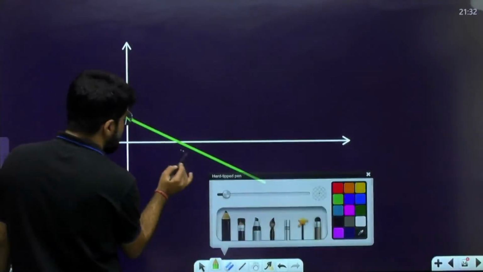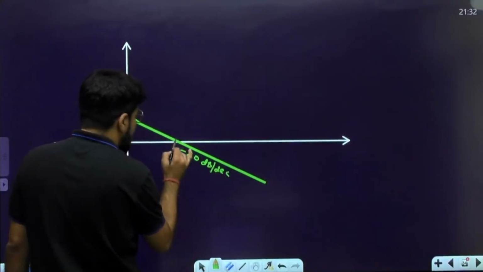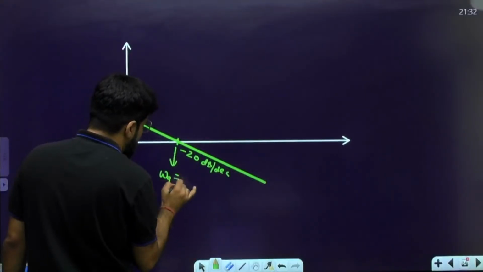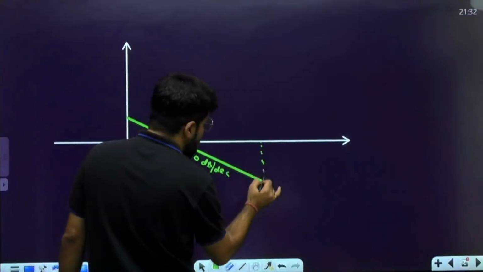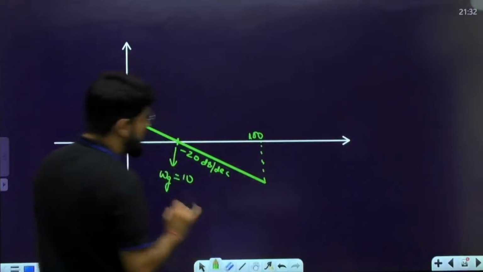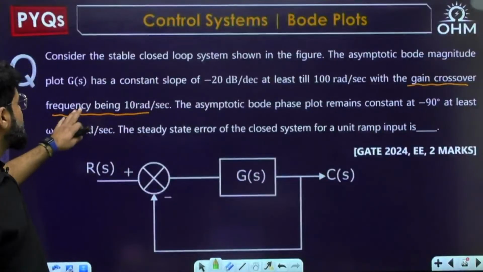Something like this. This is the slope, minus 20 decibel per decade. This is omega g, the gain crossover frequency, which is 10. Suppose this is frequency 100, and at least up to this frequency the slope is minus 20, and the gain crossover frequency is 10.